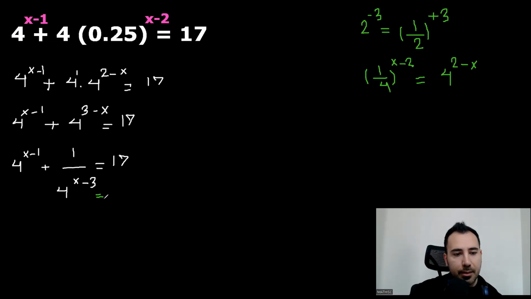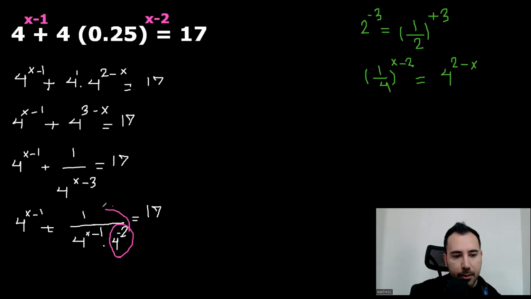Let's continue it. So it would become 4 to the power of x minus 1 plus 4 to the power of x minus 1, multiplied by 4 to the power of negative 2, equals 17. Remember that this is a negative power.